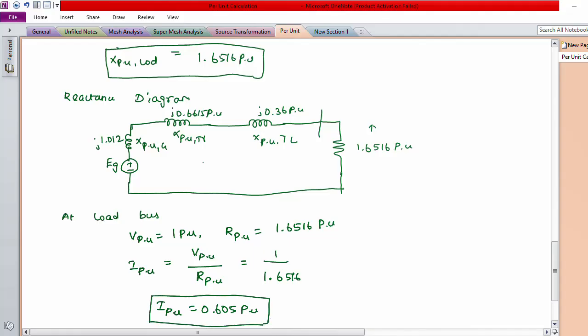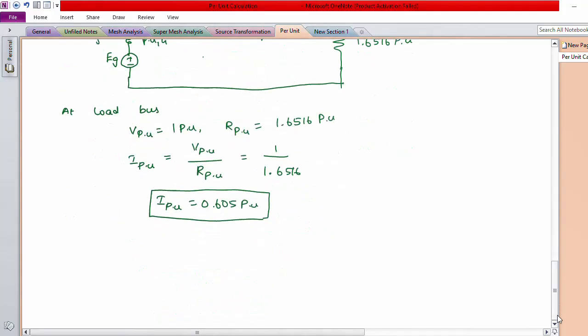Now by using this current value, we have to calculate the generator voltage. The voltage drop in the network: here we have the reactance of the generator, transformer, and transmission line, and the load is a resistive load.